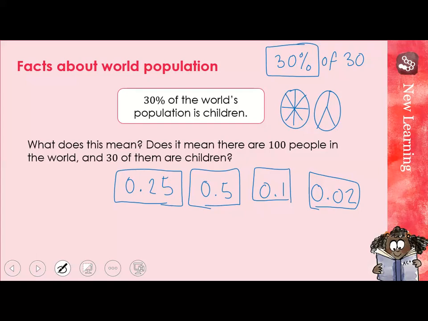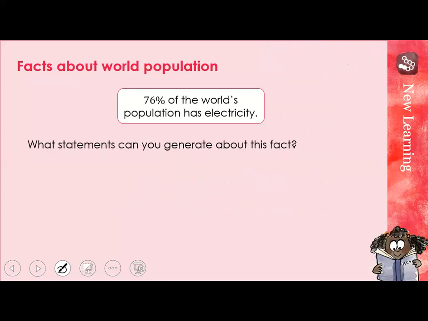Percentages are useful for telling us amounts, and we're going to go into a little bit of detail in the following weeks about how we find, for example, 30% of 700 or 12% of 90, or things like that, okay? We're going into that a little bit later on in the year. For now, all we want to do is get used to using this vocabulary about percentages, okay?